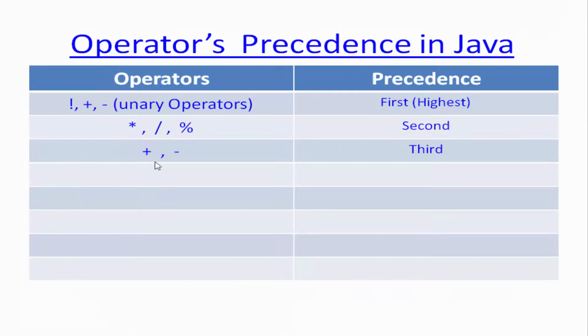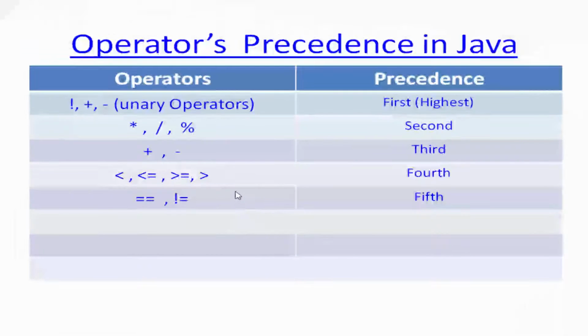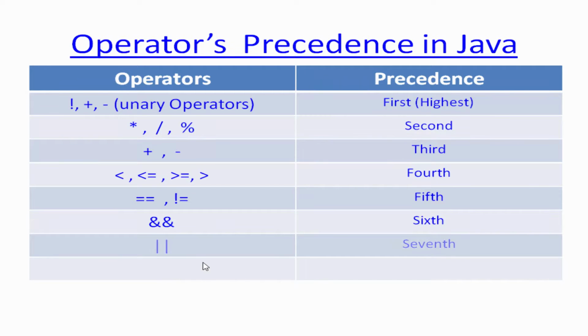Third precedence is of addition and subtraction, and this is why 4 and 3 were multiplied first and then 2 was added. Fourth precedence is of comparison operators: less than, less than or equal to, greater than, greater than or equal to. Then lower precedence is of the comparison operators equal to and not equal to. Then the sixth precedence is of the AND operator. Then we have the precedence of the OR operator, and the least precedence is of the assignment operator.